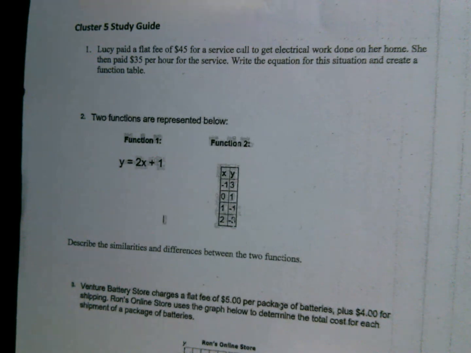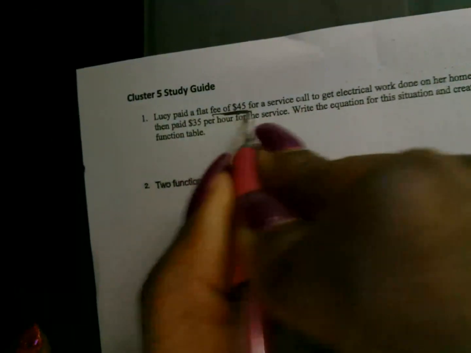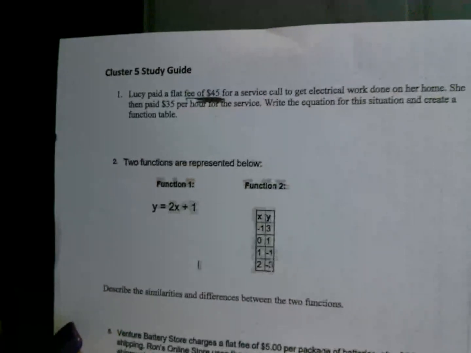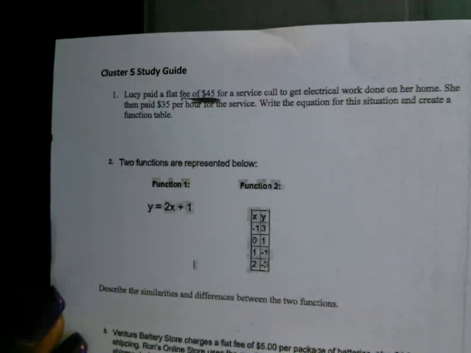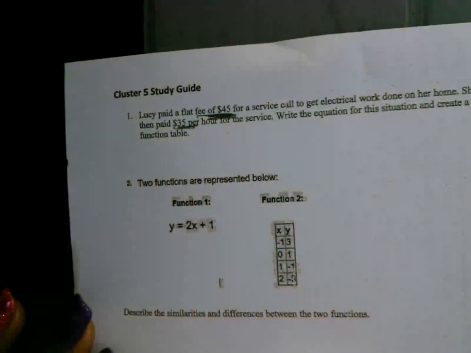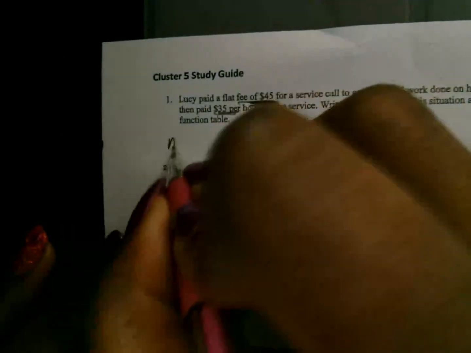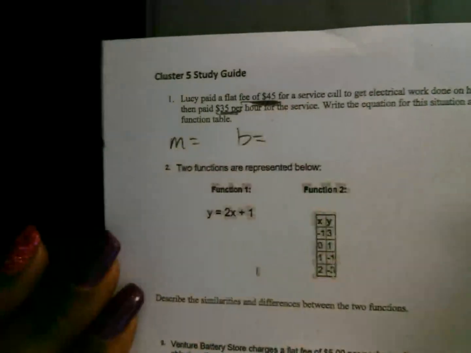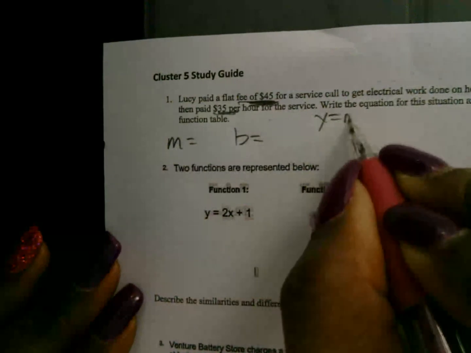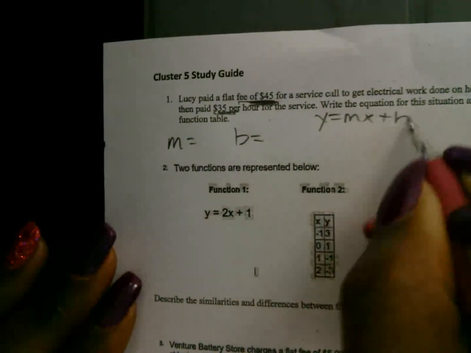It says Lucy paid a flat fee of $45 for the service call to get electrical work done for her home. She paid $35 per hour for the service. So let's write the equation there. What's going to be my m? What's going to be my b? And then let's write the equation in slope intercept form, y equals mx plus b.